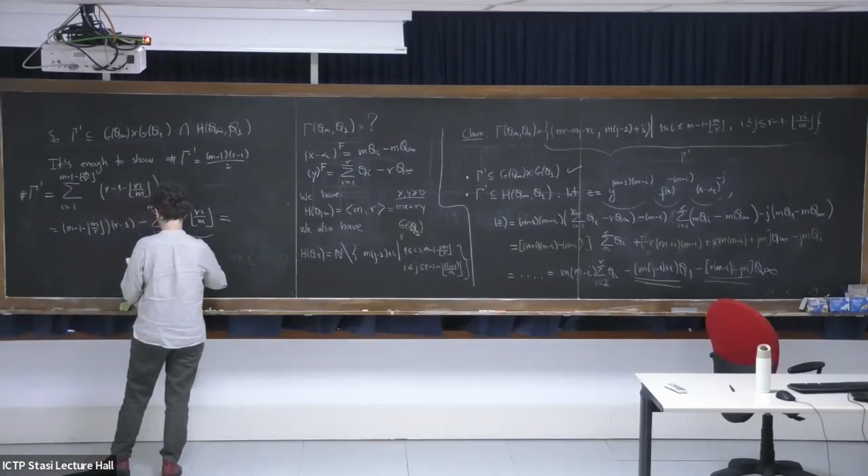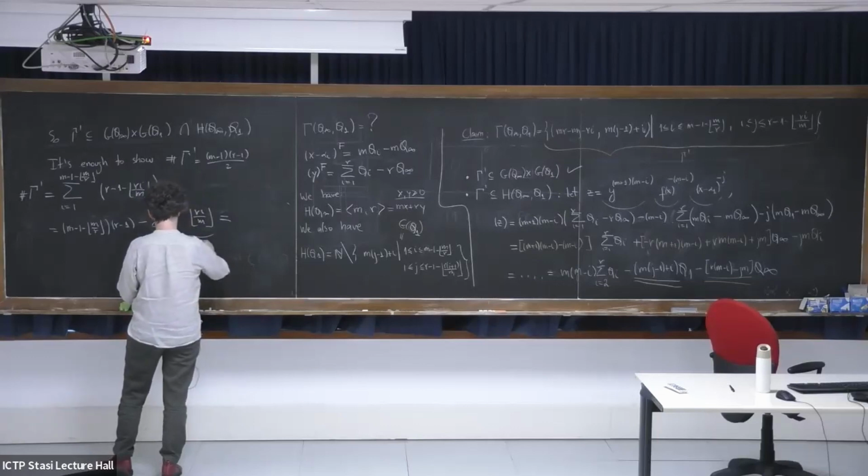So it should be the sum from I equal to M minus, I take off this part, and I go to M minus 1.